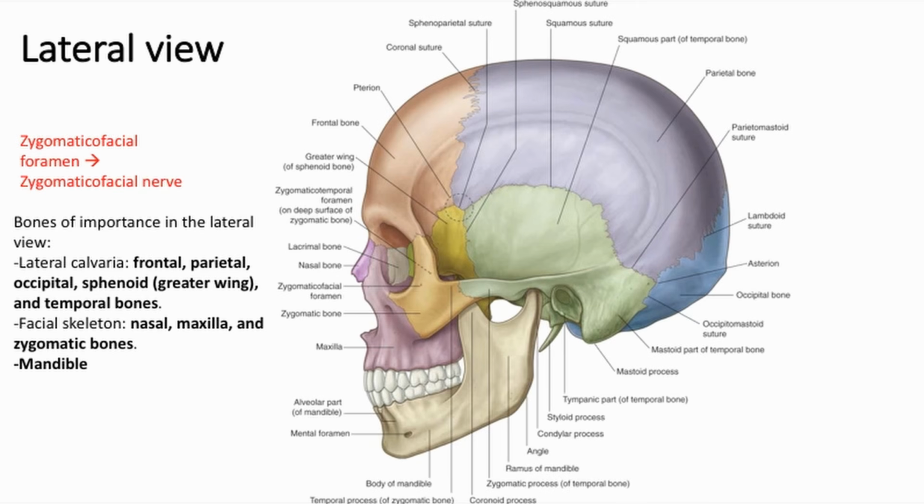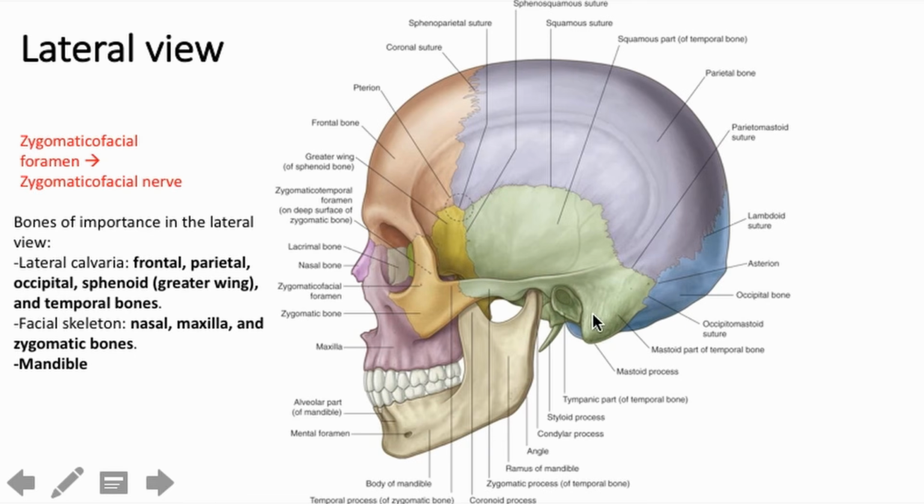Immediately below the zygomatic process is the tympanic part of the temporal bone, right in here. And that is particularly important because it is where the external acoustic meatus is located, where the external acoustic opening is, and where we think about the ears being located.